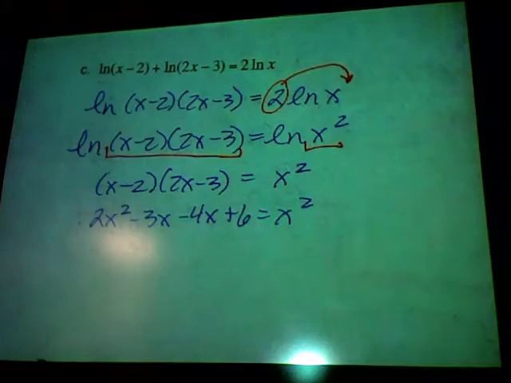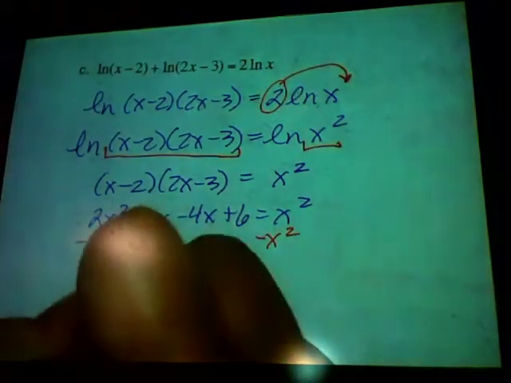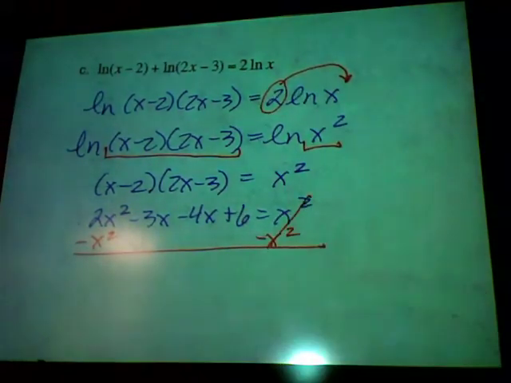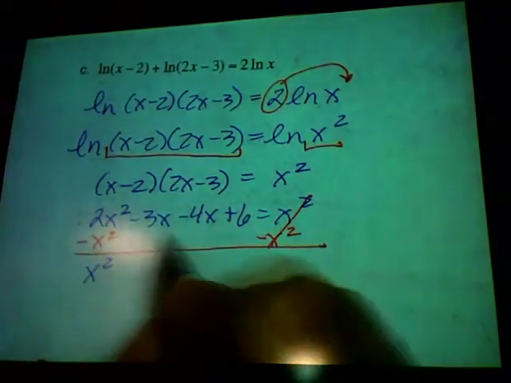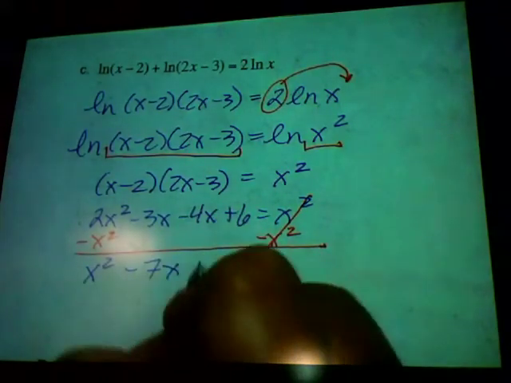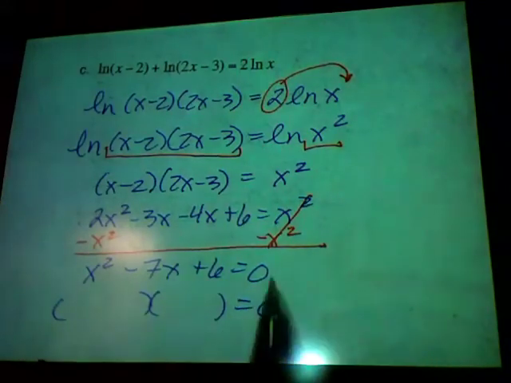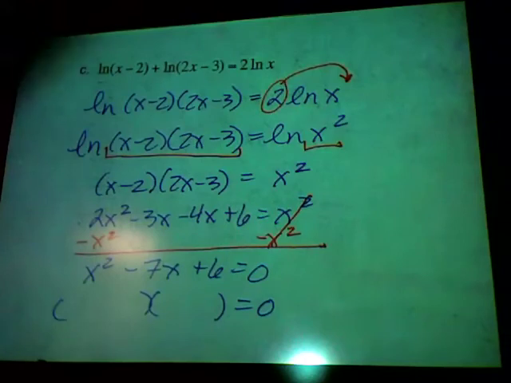So, what do I have to do before I can solve? Yep, we have to subtract the x squared. We have to have one side equal to 0. Which is nice because I end up with an x squared, which is much easier to factor, right? x squared minus 7x plus 6 equals 0. That ought to factor into two binomials. What factors of 6 add to give you 7?